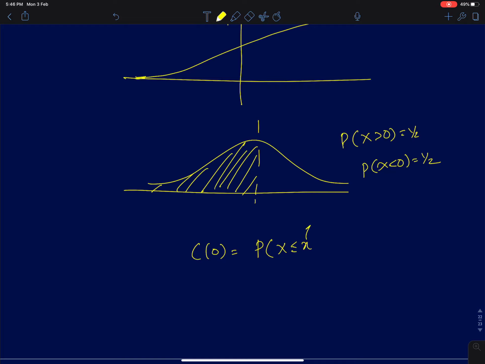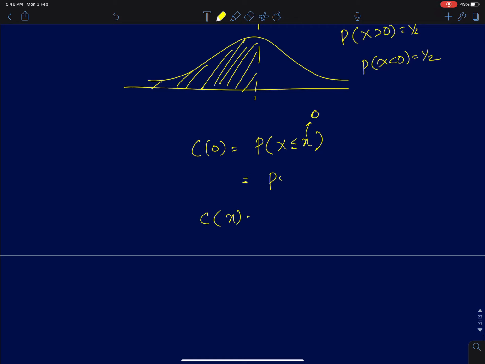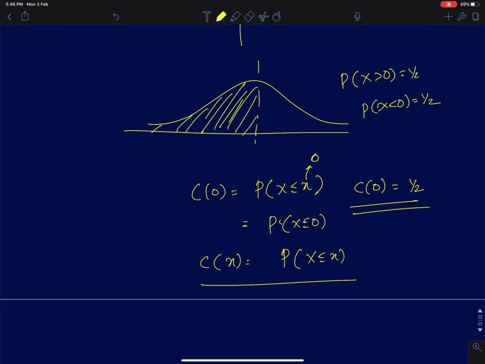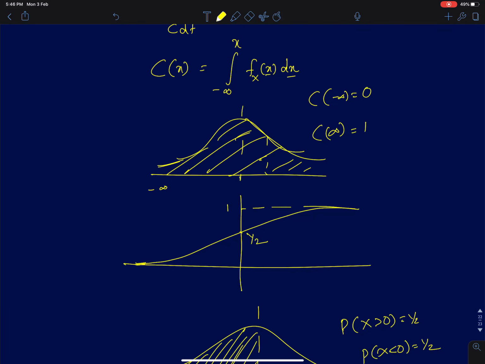That's the cumulative distribution function. For x being 0, it will be the probability of being less than or equal to 0, and that will be simply half for a Gaussian random variable, or any random variable which is symmetric around the origin. So the CDF will start from 0, touch half at the origin, and eventually reach a peak value of 1.